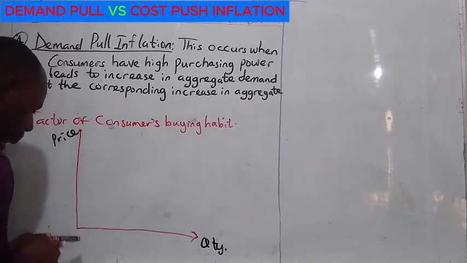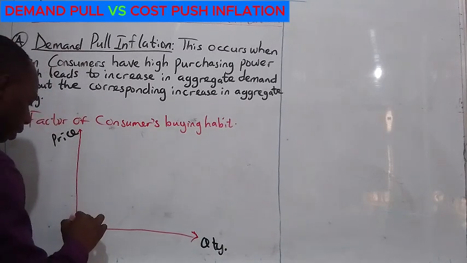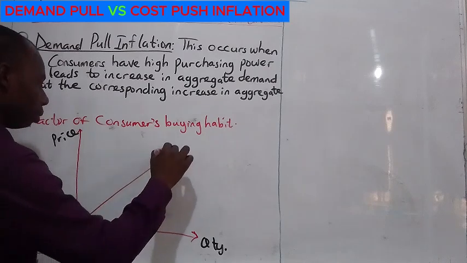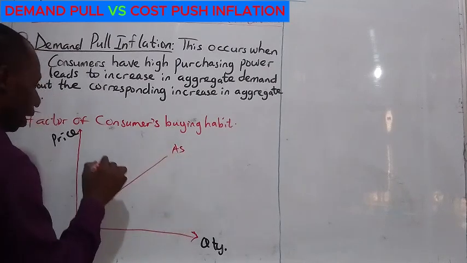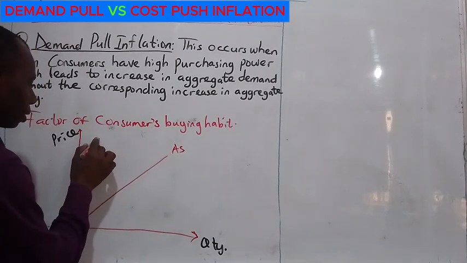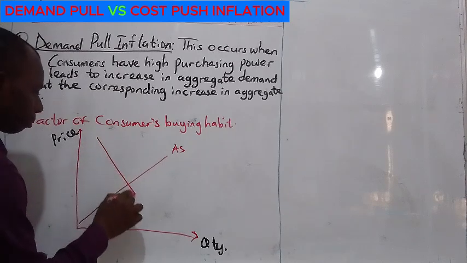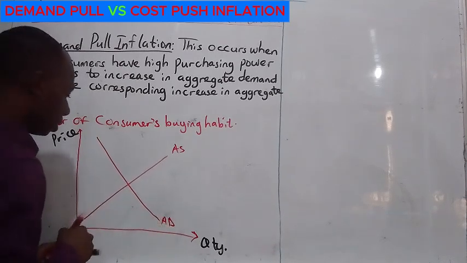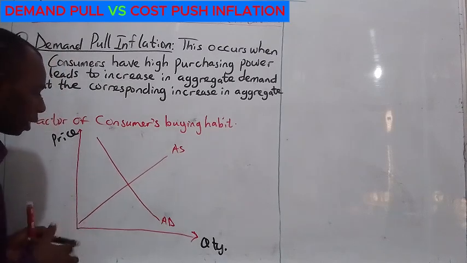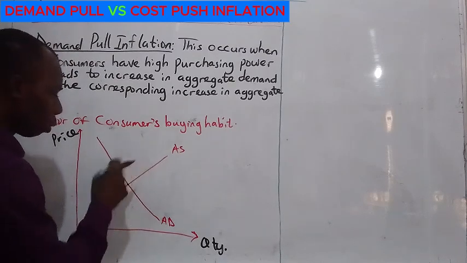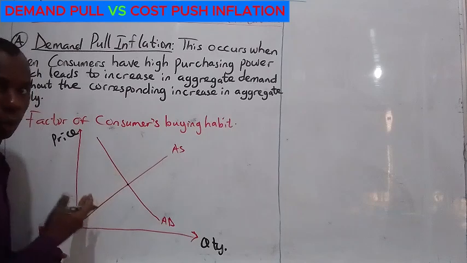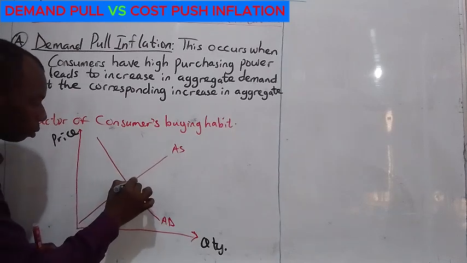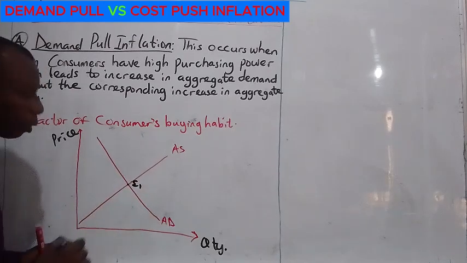Here we have our aggregate supply, which is AS, and here we have our aggregate demand, AD. And this leads to an equilibrium point, in which the supply curve meets the demand curve. We call this one E1, our point of equilibrium.